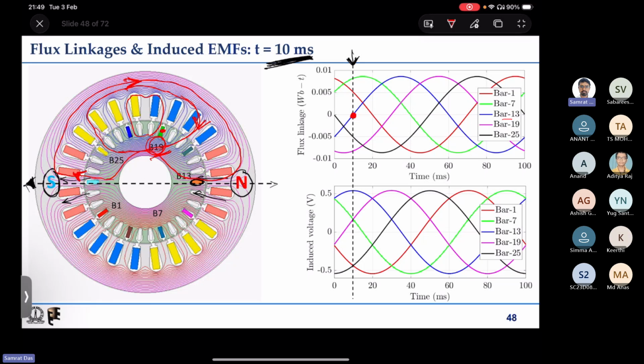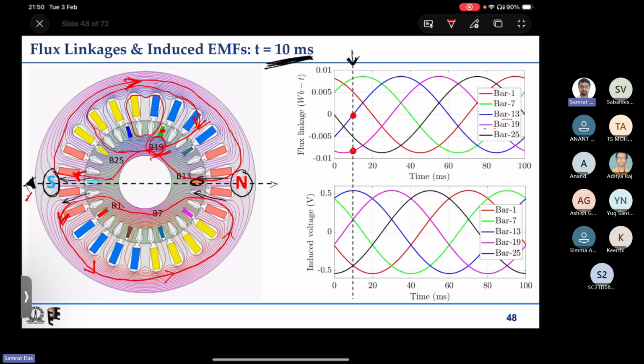Now let us justify it by looking at the plot. At this instant, where is bar 19? That is this pink one. You can see that pink one is actually here, that is in the negative side. So bar 19 is having negative flux linkage. If I plot some lines on the bottom side, this is one sample line that I have plotted, right? What will be the direction? I have already indicated the direction of the stator field, in this case it will be anti-clockwise.